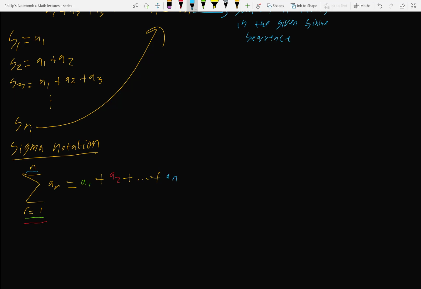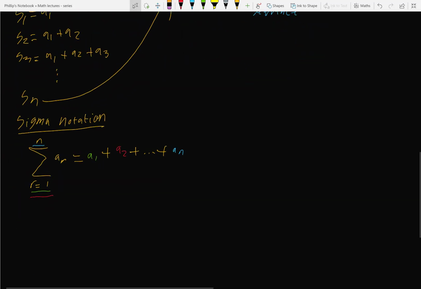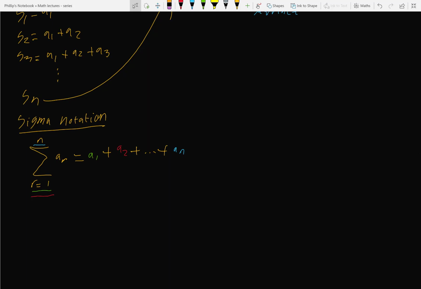So it literally just means the same as this. It just means go from 1 to n and add them up, and that is then also Sn.